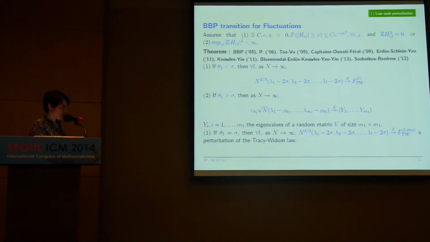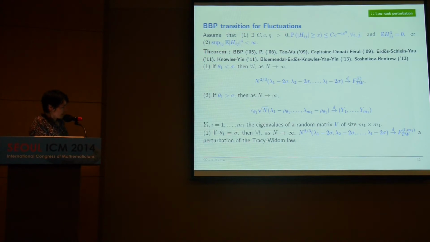We are still in the regime of universality, though the eigenvalues fluctuate in the scale n^(-2/3) around 2 sigma, and the limiting distribution is the Tracy-Widom distribution. This is exactly the same as for standard Wigner matrices. So this means that when the signal is not strong enough, we cannot see anything, even at the level of fluctuations.